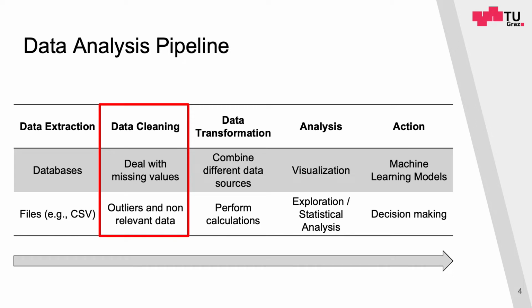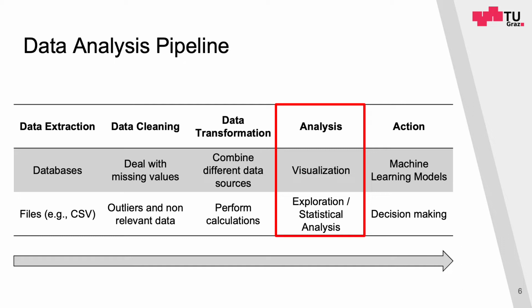The next step was the data cleaning step in the pipeline. There we also used, for example, the pandas package and the log operator to filter out certain rows in a given data frame. And in the last part of the previous lecture, we used the NumPy functionality inside the pandas library to perform various calculations on the data.